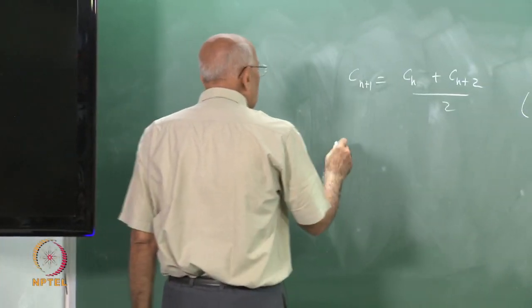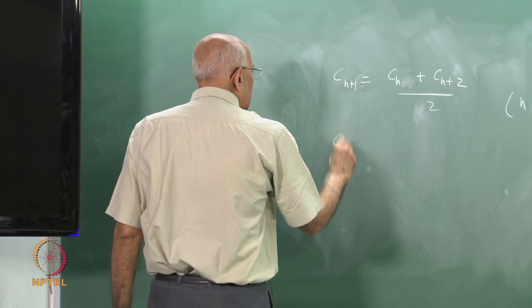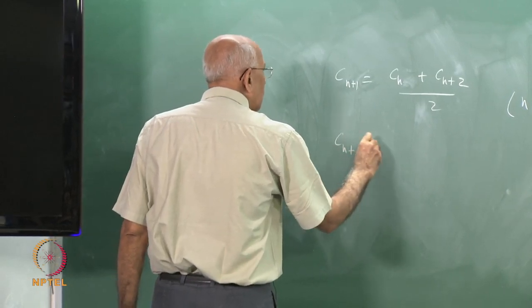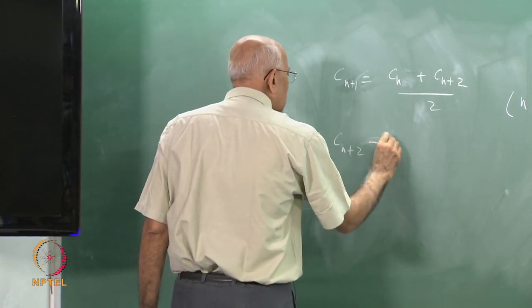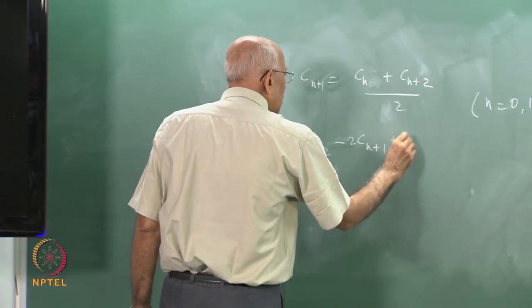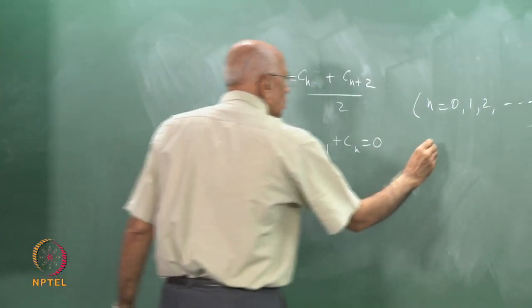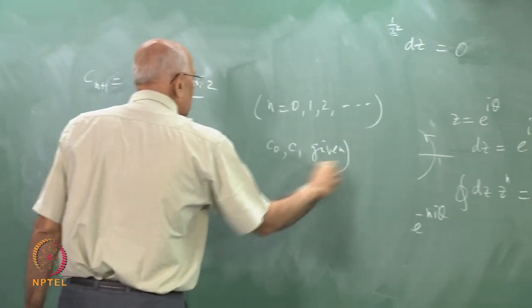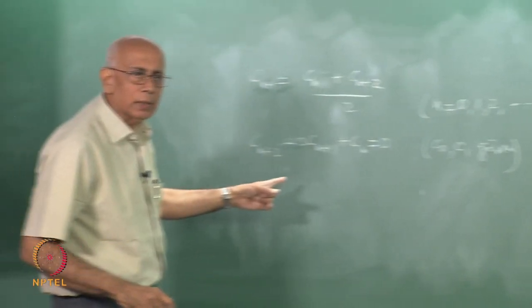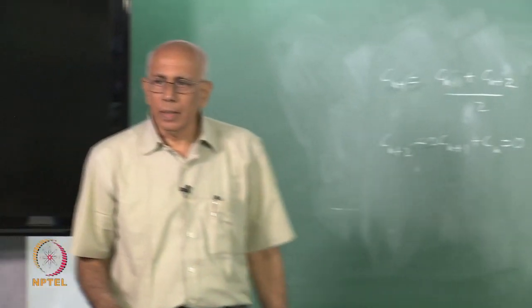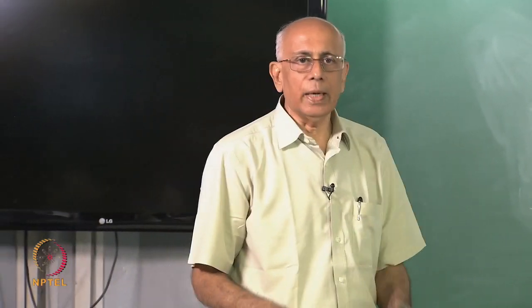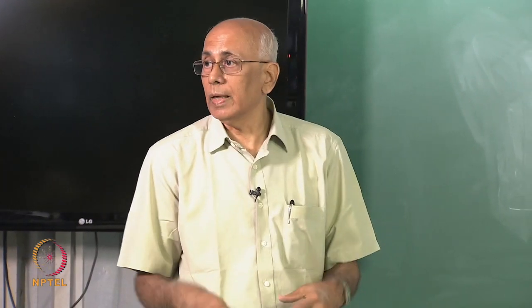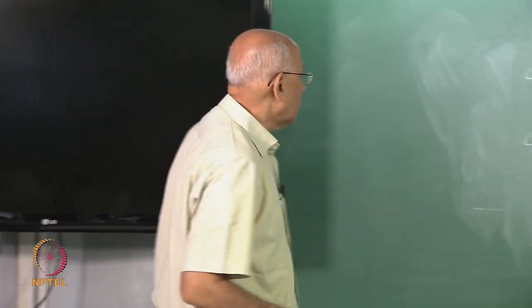So the first thing you do is to say that Cn plus 2 minus 2 Cn plus 1 plus Cn equals 0. So C0, C1 are given. That is the recursion relation. And then the next thing to do is to define what is called a generating function, which we will use very extensively in various other contexts as well.